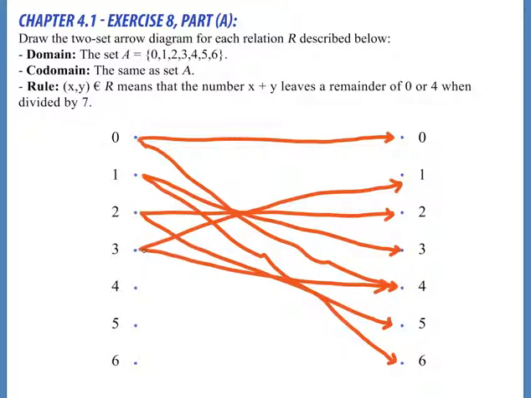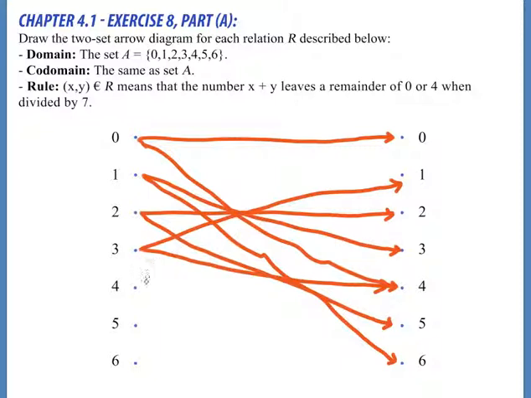Now I'm going to just speed through because you probably get the pattern already. Hopefully, whatever x plus y, in order for the domain to connect to the codomain, x plus y has to leave a remainder of 0 or 4 when divided by 7.